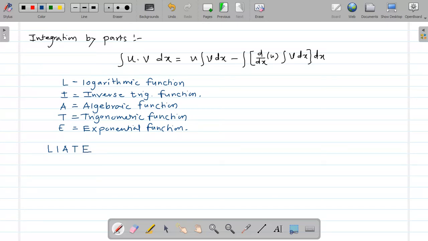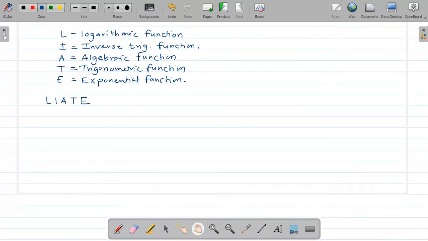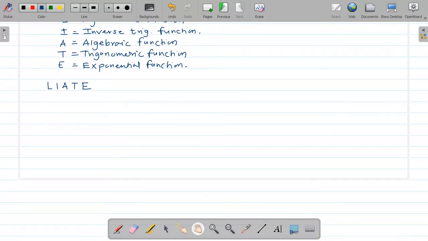It is not our choice. We have to keep u into v as by the rule LIATE. L for logarithmic, I for inverse trigonometric, A for algebraic, T for trigonometric, and E for exponential. By this order, we have to rearrange the given function, and then by using this rule, you can evaluate the integration.